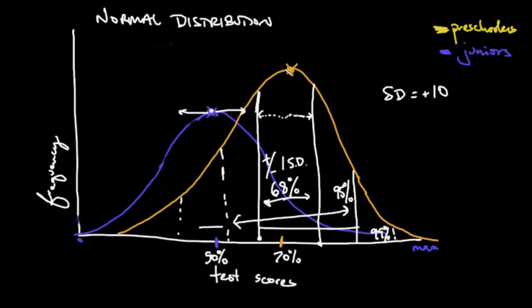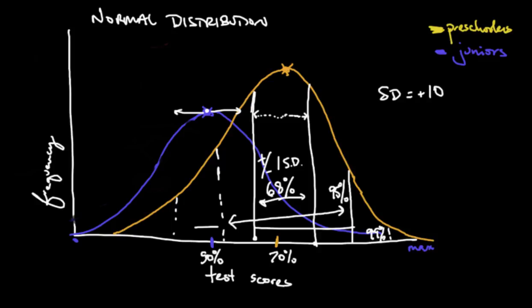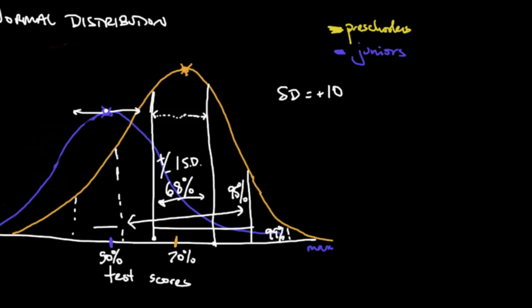Okay, so this is one way to represent that. Let me show you a different way to represent it, which I don't expect graphs like this. You certainly can, but you could also have a graph that looks like this. So because these are two distinct groups, preschoolers and juniors, what we would have maybe is a P for preschoolers and a J for juniors.